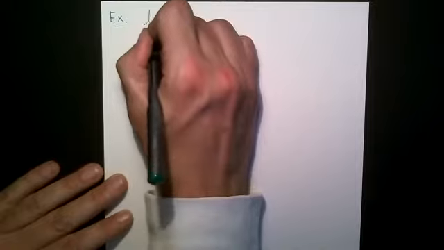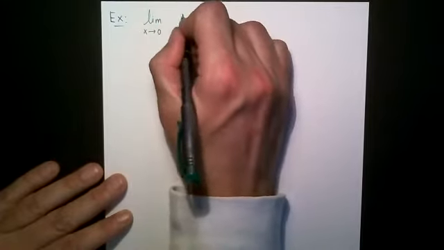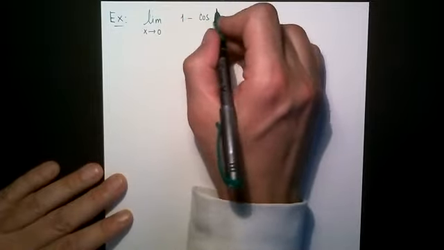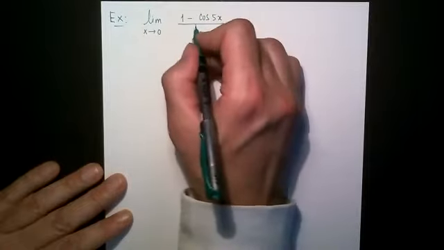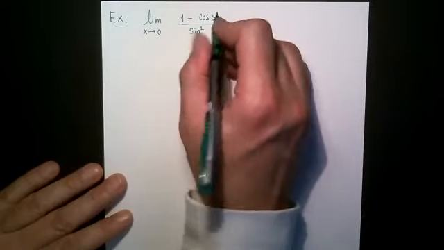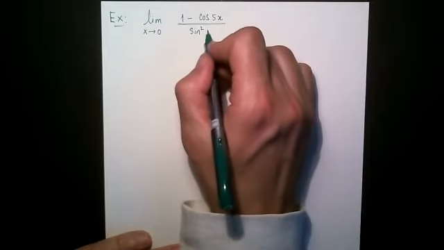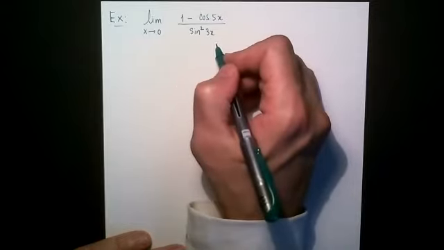Okay, so let's try. You try one, okay, on your own. So limit as x approaches 0, let's say 1 minus the cosine of 5x divided by the sine squared of 3x.